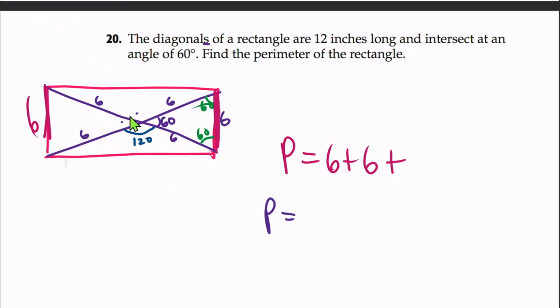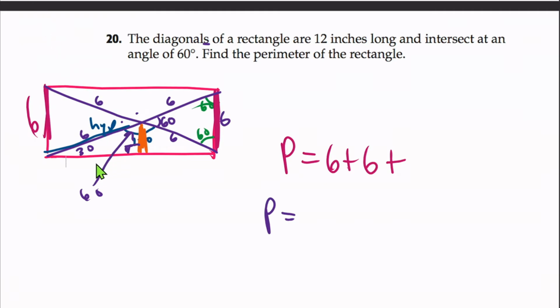So now we really have to get slicing and dicing. So let's slice and dice. Now that 120 got cut in half, right? So that angle is 60. That's 90. Oh, so this is 30? All right, this is coming together. We have a 30, 60, 90. The hypotenuse, this is 6, right?